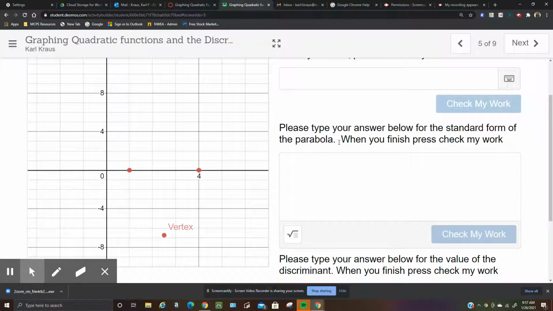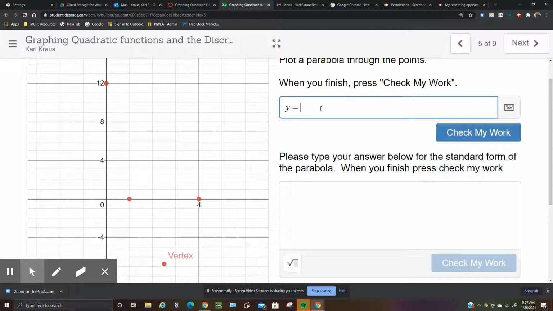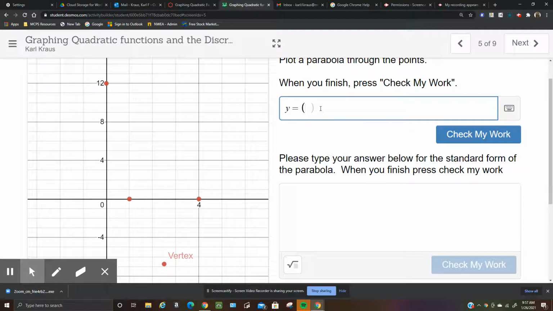And then number 5, since it's hard to determine this vertex, once again I'm going to use the intercept form. x minus 1 times x minus 4.